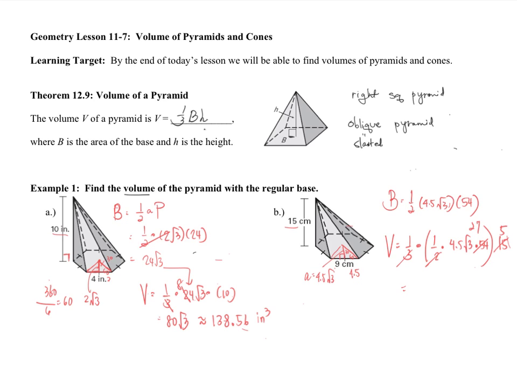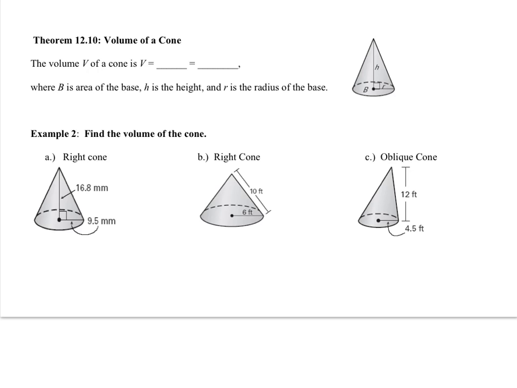So this would be 607.5 square root of 3 if you were to leave your answer in simplest radical form, but if you were to round this, it would be 1052.22 cubic centimeters.